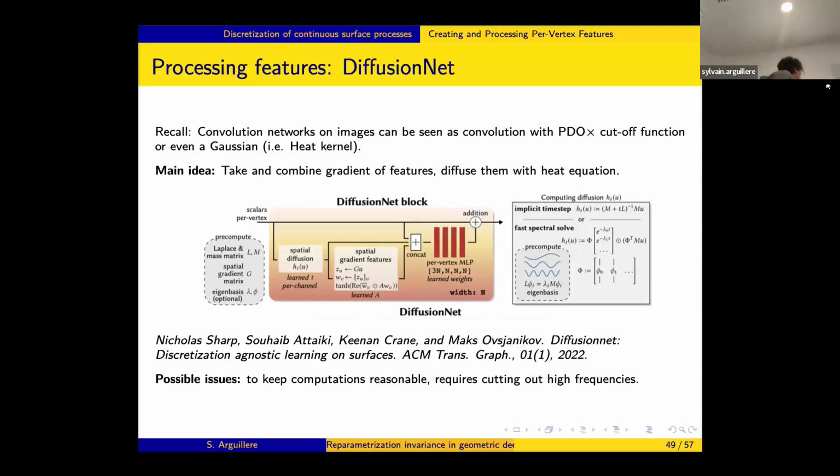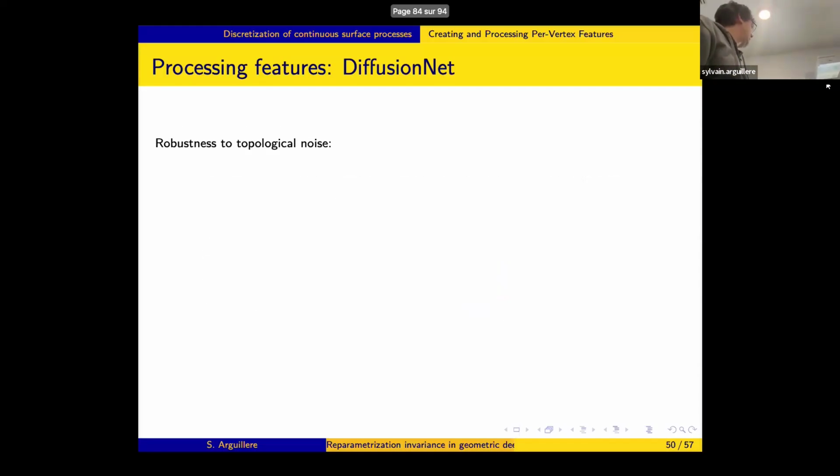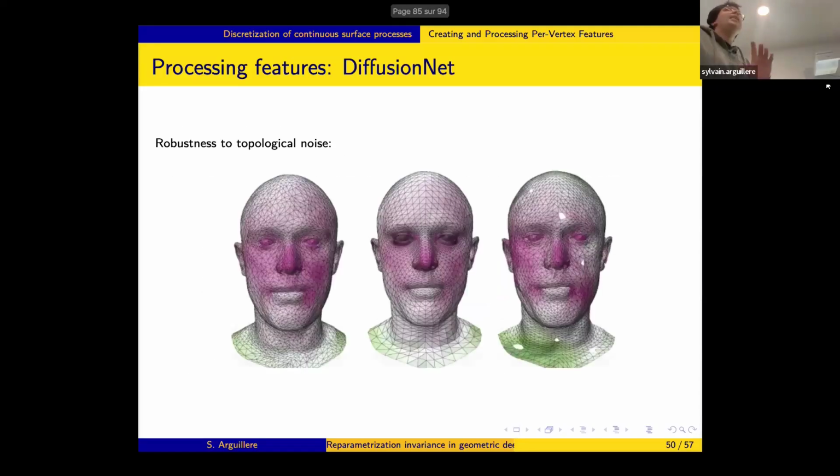So one of the problems is that to keep computations reasonable, we do have to cut off high frequencies, but it has seemed to work well. And weirdly, it's been relatively robust to things that I thought would completely make it collapse, which is adding holes onto the mesh.